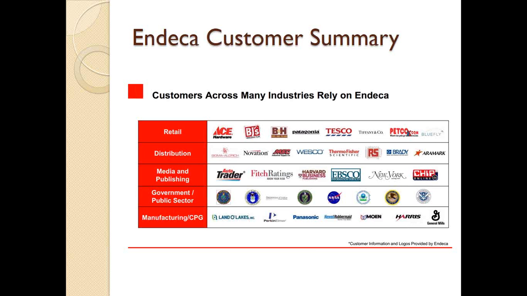Media and publishing, Fitch Ratings, Harvard Business, New York Times. In the government sector, you have the following that are using it. That's a few of these companies. And then you have manufacturing, with Harris, Panasonic, Land O'Lakes. So these are the set of companies in many industries where Endeca is used as their solution. It might not be with ATG, it may be with hybrids as well.